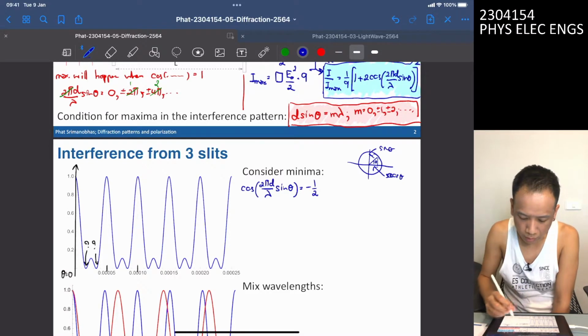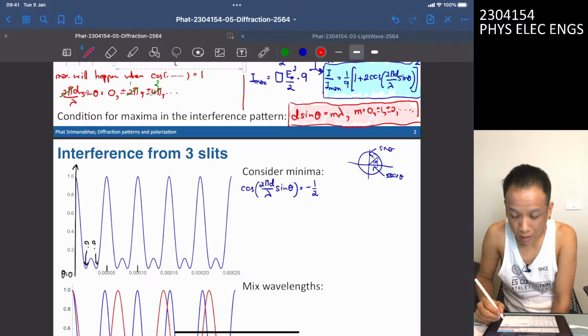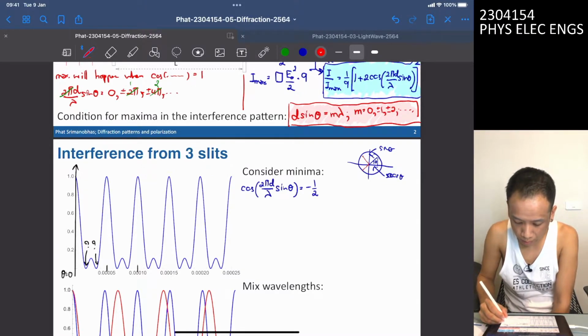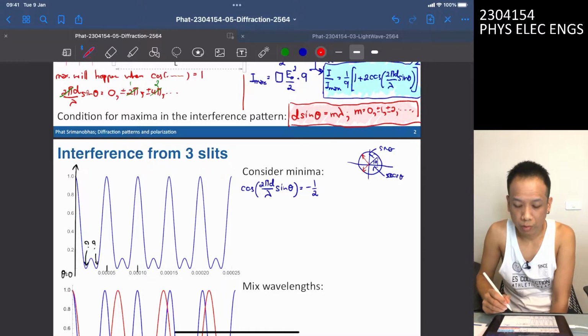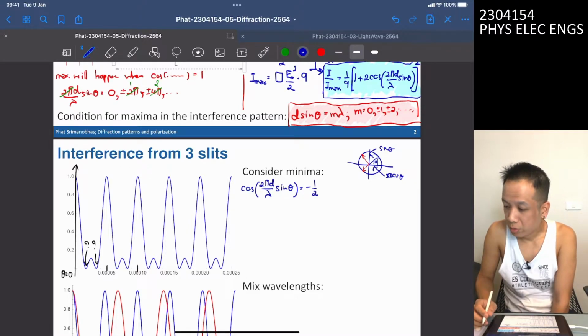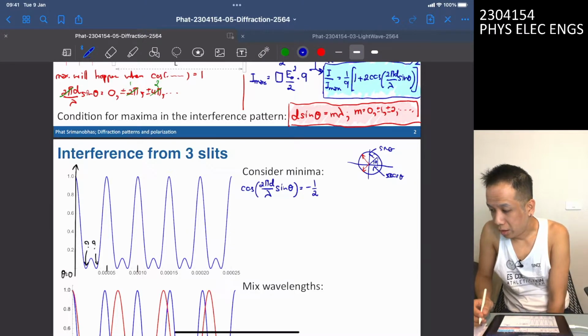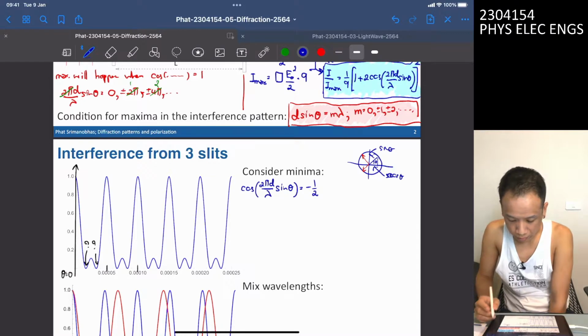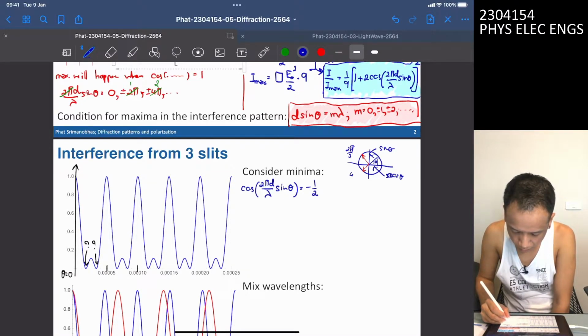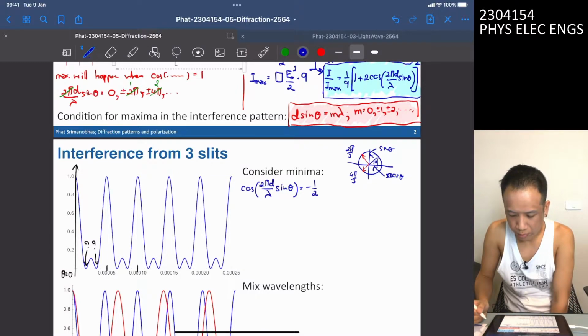When you get minus half, it's here or here. You have two angles: the first is 2 pi over 3, and the other is 4 pi over 3.